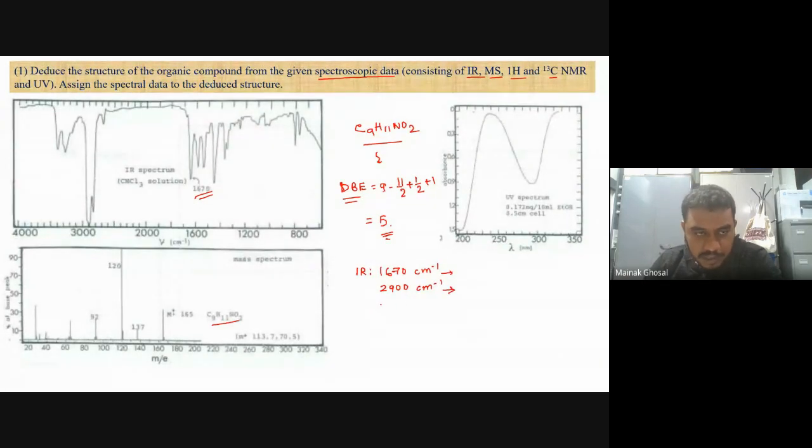Also, a double peak at almost 3400 to 3600 cm inverse.